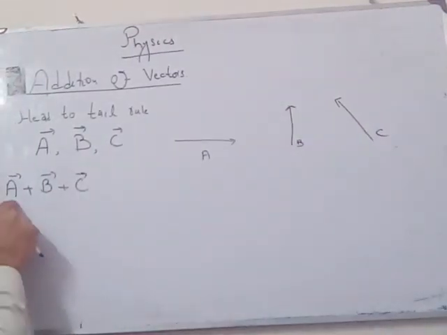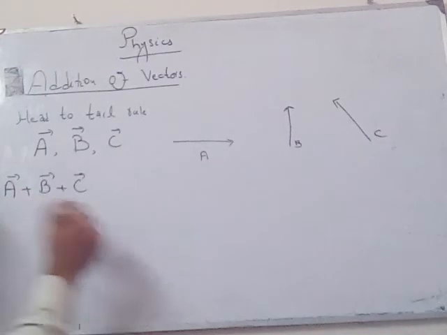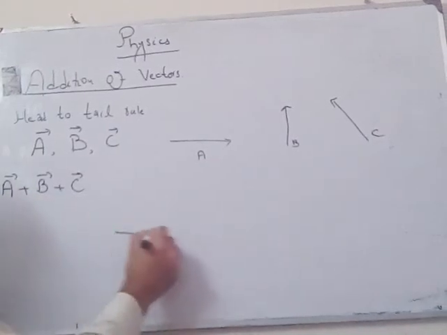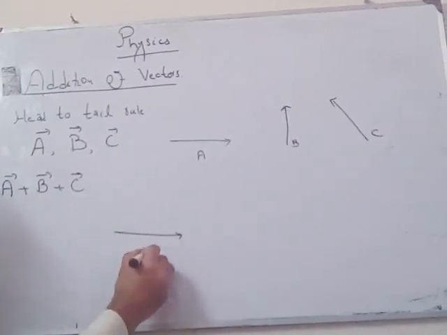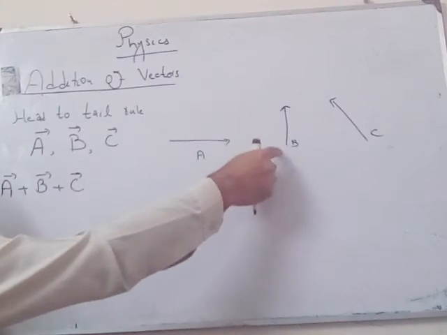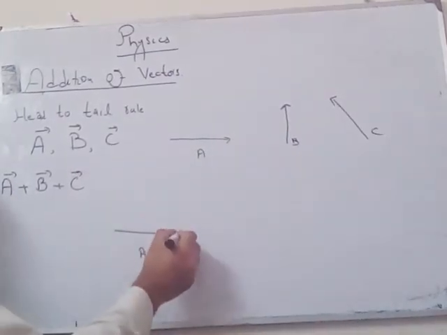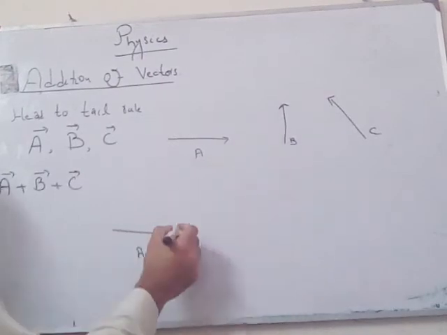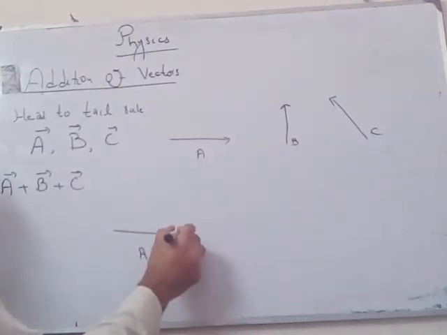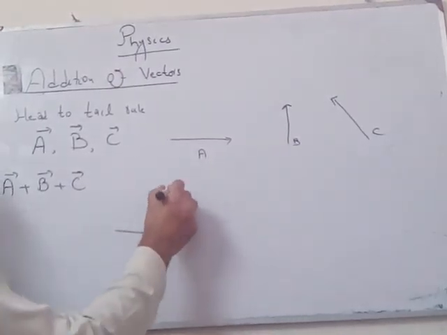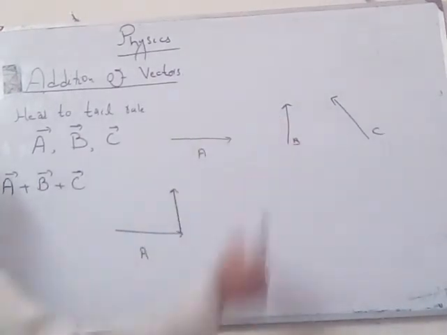Then the first vector A will be drawn as it is, like this. Then the second vector B, we will connect the tail of vector B with the head of vector A as it is, that is in the same direction.